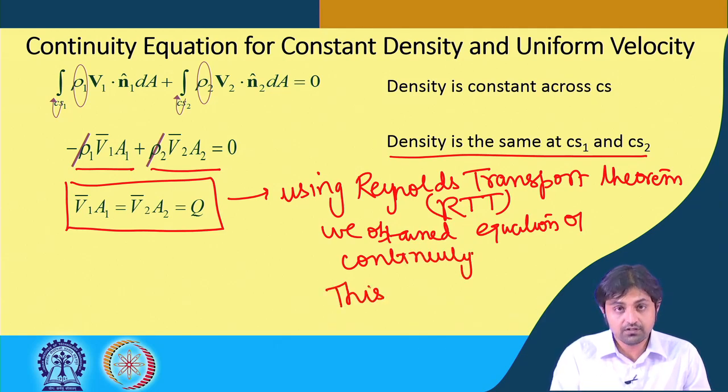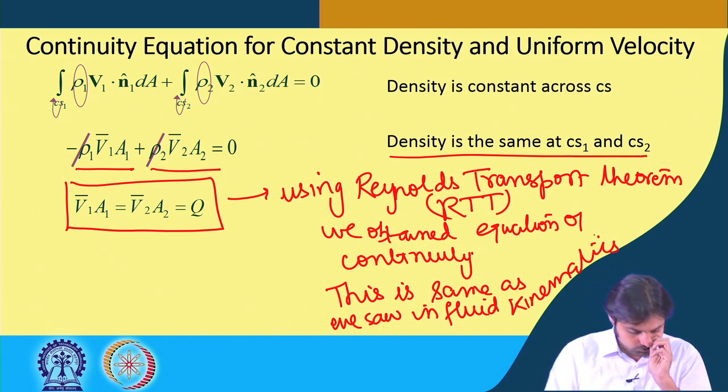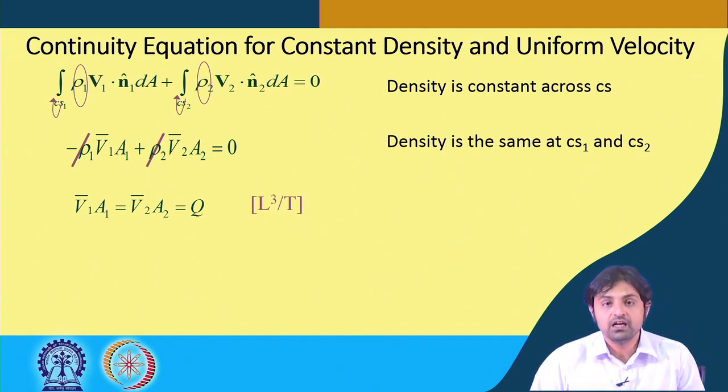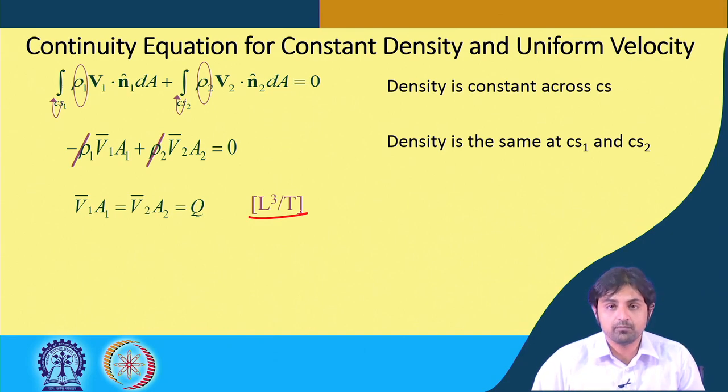This is the same as we saw in fluid kinematics. Okay. So, I am going to erase all the ink, and this has a dimension of length cube by time.